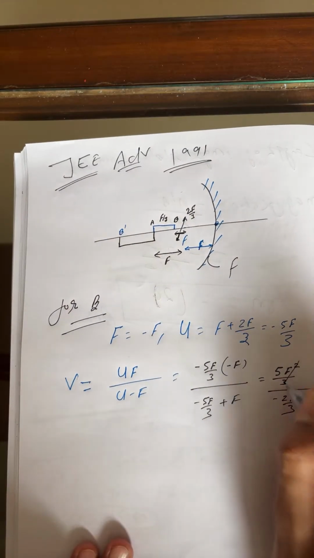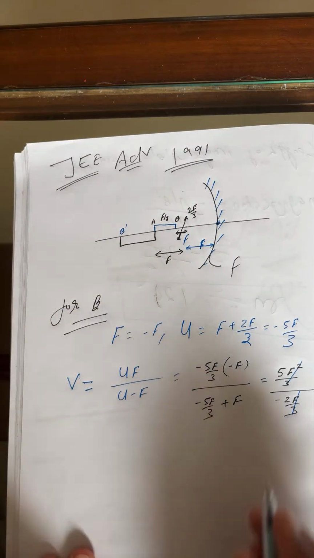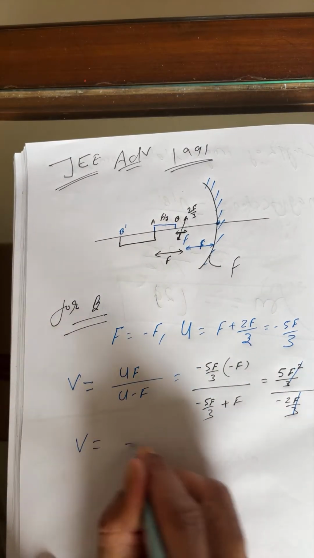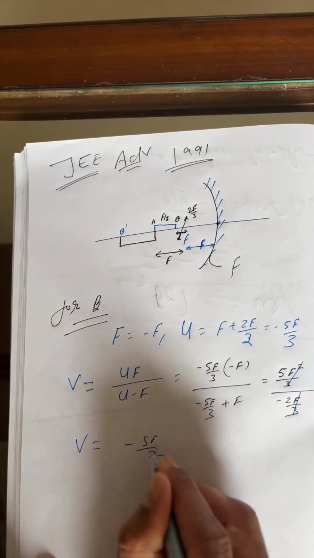The F by 3 cancels, and finally we get the image distance as minus 5F by 2.